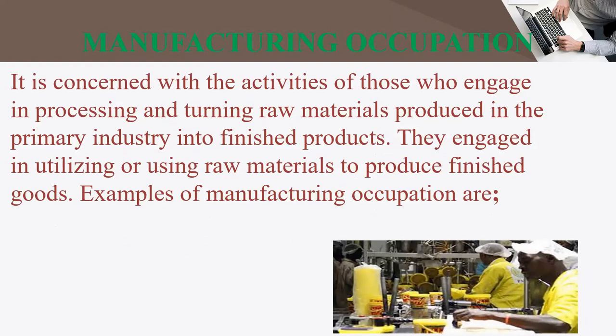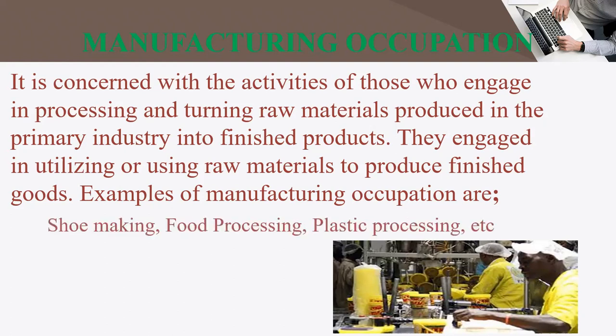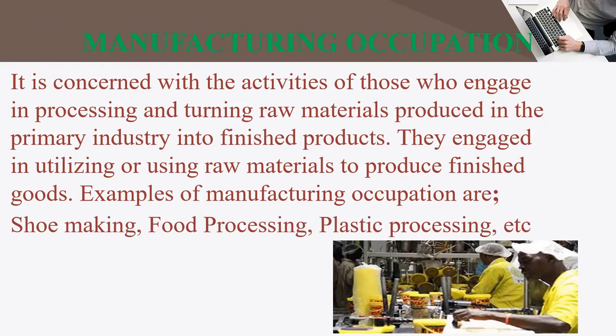Manufacturing majorly is concerned with the activities of those who engaged in processing and turning raw materials produced in the primary industry into finished goods. They engaged in utilizing raw materials to produce finished goods. We have different types of examples under the manufacturing occupation. We have the shoemakers who are into shoemaking, the food processors, those who are into food processing that we eat.